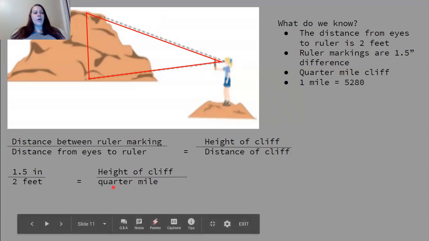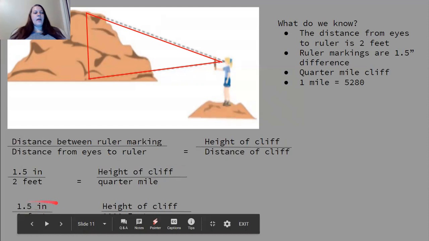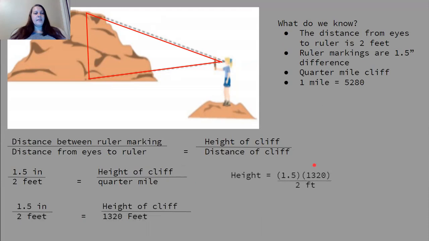We know that 1/4 mile is our distance from Sally to the cliff, but we're wanting to know it in feet. And 1 mile is 5,280 feet. So we're going to convert our miles to feet, and we'll get 1.5 inches divided by 2 feet equals the height of the cliff divided by 1,320 feet.